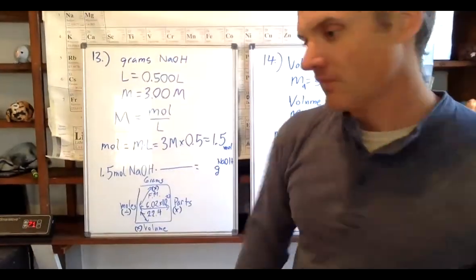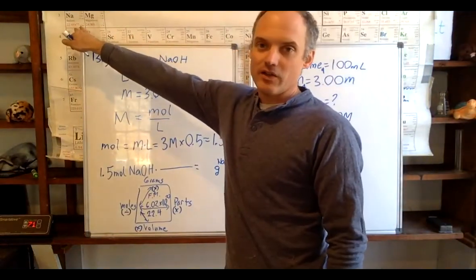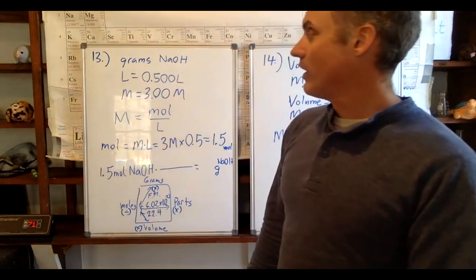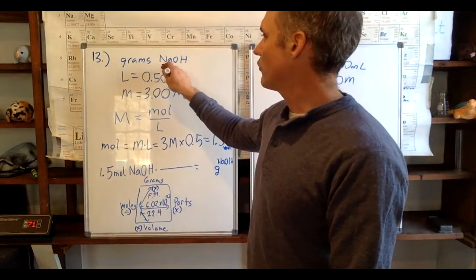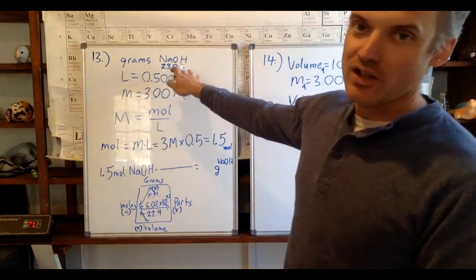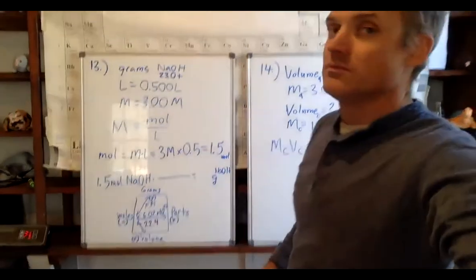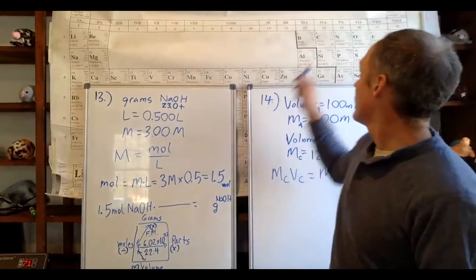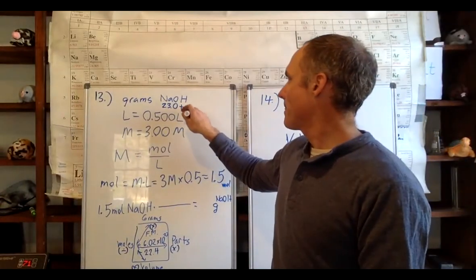All right, so if you look on the periodic table at Na, the formula weight is 22.989. So that's rounded off to 23.0. Then we have oxygen. Oxygen is 15.994, so that's going to round up to 16.0.